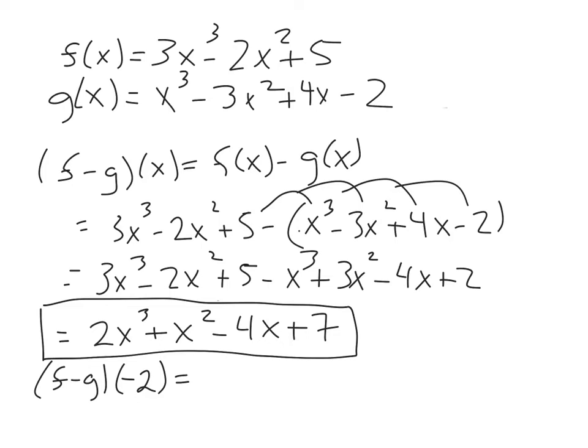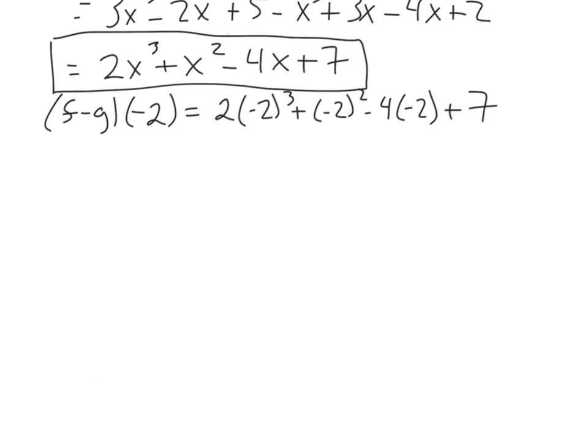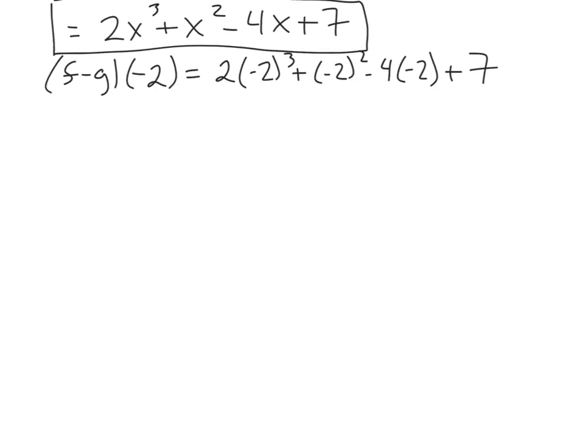So that means I have 2 of negative 2 cubed plus negative 2 squared minus 4 times negative 2 and then plus 7, okay? Now you'll notice I'm plugging this into the fully refined version. I plugged it in after I subtracted both functions because if you were to plug it into where it was not simplified, you'd have a lot more x's to deal with, okay?